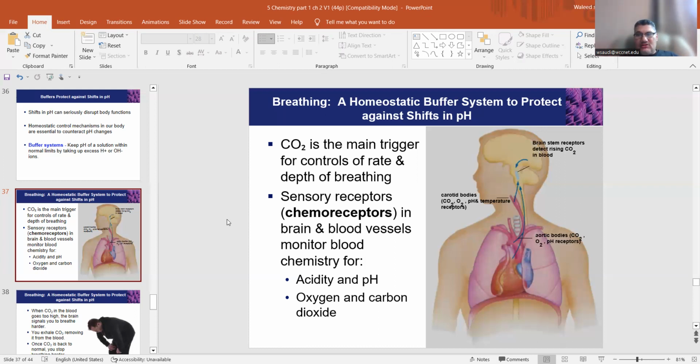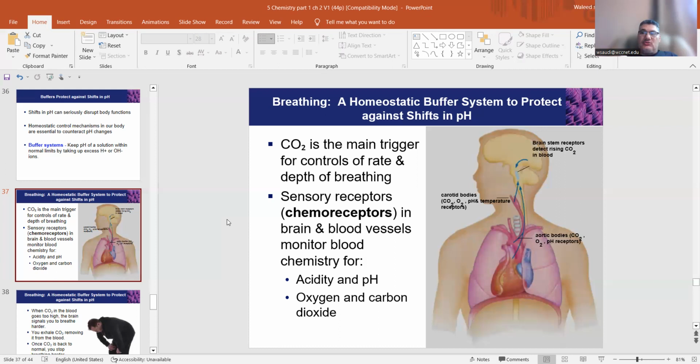And when you get rid of it, there's less carbonic acid, less acidity, going back to normal pH. And this is a perfect example, not the only example. We have hundreds, but this is one of the best examples of homeostasis. When carbon dioxide accumulates for some reason, like when you're exercising, meaning you're doing more cellular respiration, producing more carbon dioxide, acidity, that's bad. Breathe more, kick out more carbon dioxide.